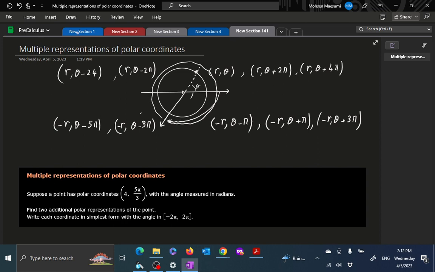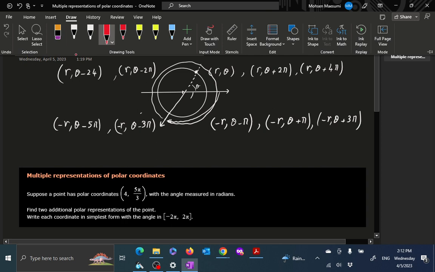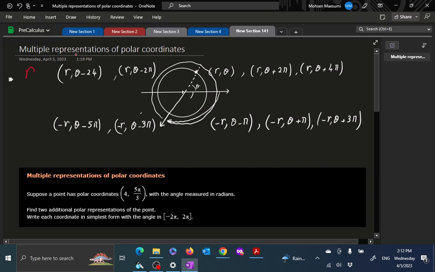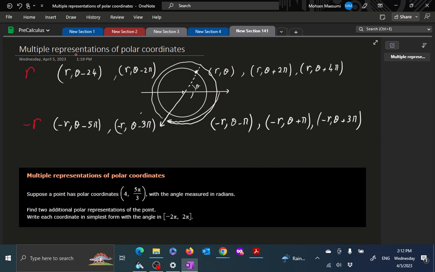If you compare the two lists, one is associated to radius r and the other one to minus r. Let's say the original angle was theta.